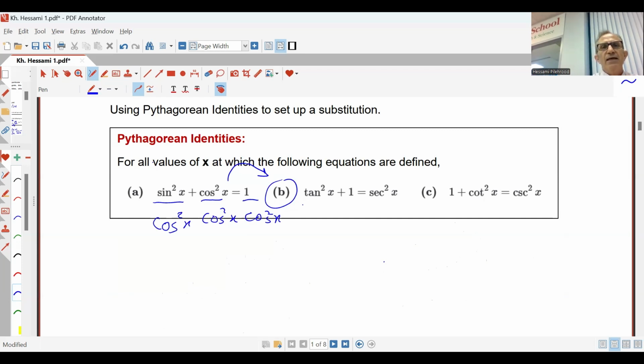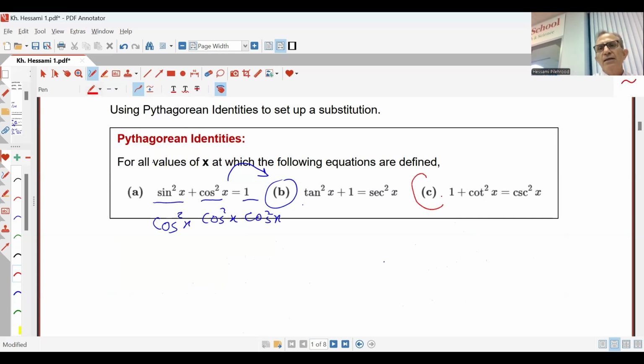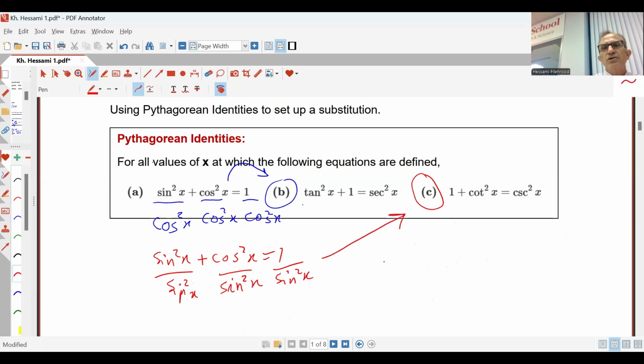In the same way, the third identity follows from the first one by dividing all sides by sine square of x. We get the third identity.